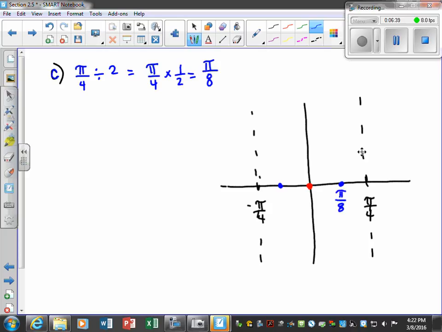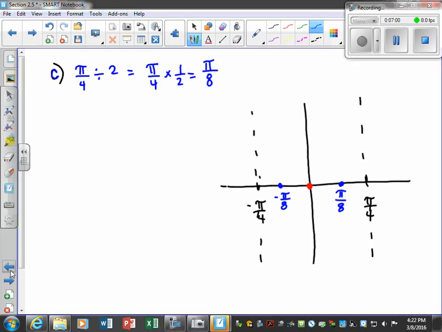Okay, and if that's pi eighths, then between here and here, 0 and negative pi fourths, is just going to be negative pi eighths. Okay, so there's multiple ways. There's lots of ways to find 1/4 of the way. So if I start here, 1/4 of the way, half, 3/4 of the way, those values. But anyway, we found those values.